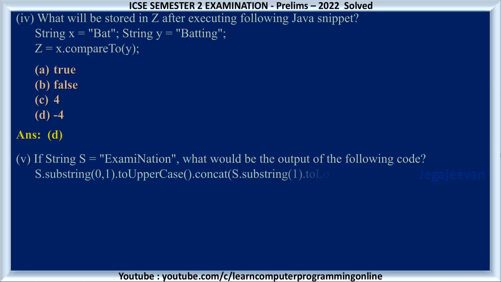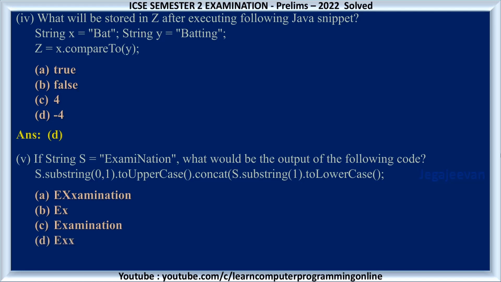S dot substring of 0, 1 dot toUpperCase dot concat of S dot substring of 1 dot toLowerCase. Options: EXamination; E capital and x in small; examination with only E capital; capital E small x. Understand S dot substring of 0 comma 1.